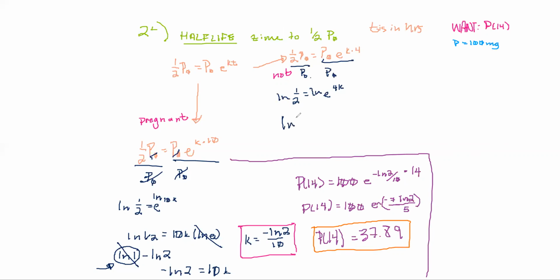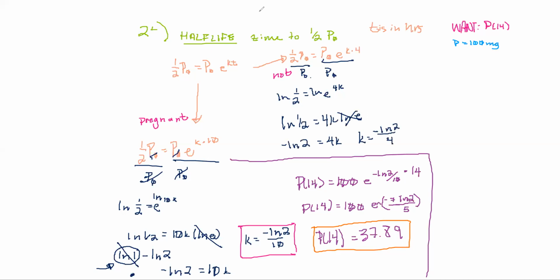So natural log of 1/2 is equal to 4k natural log of e. That's equal to 1. This we know is equal to the negative natural log of 2. We did that down here. So 4k equals that, so k is equal to negative ln2 over 4.